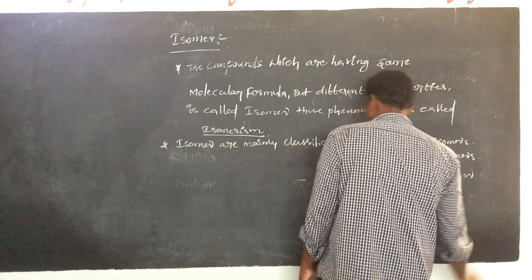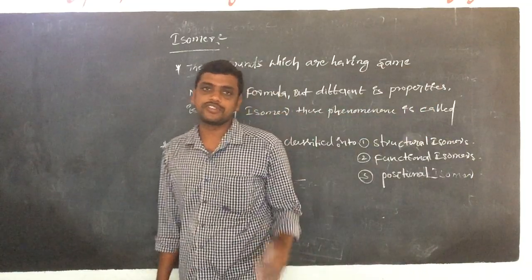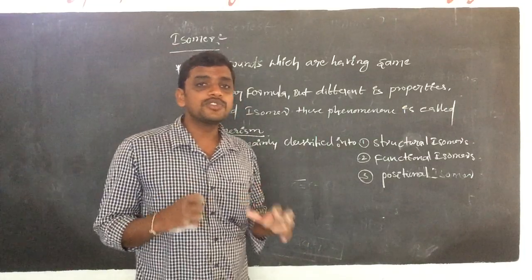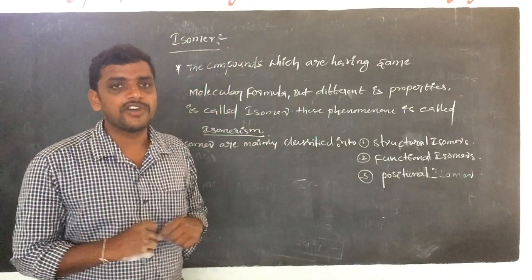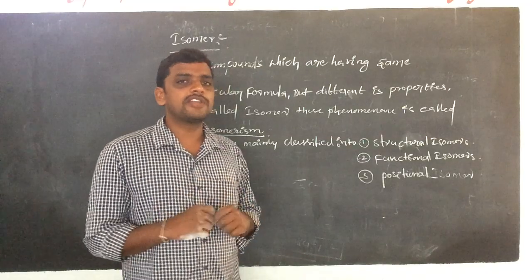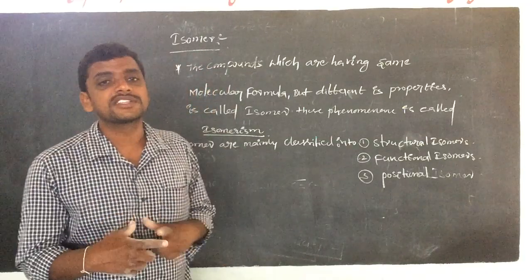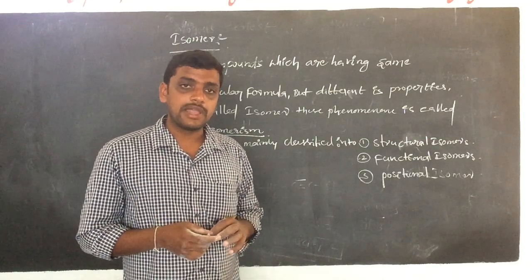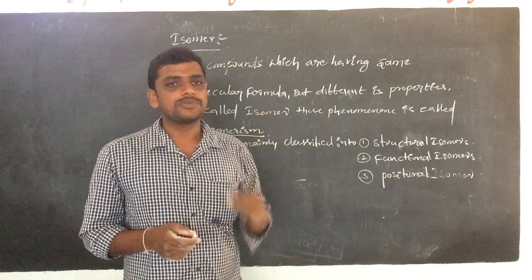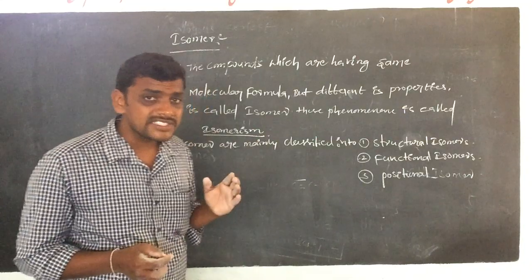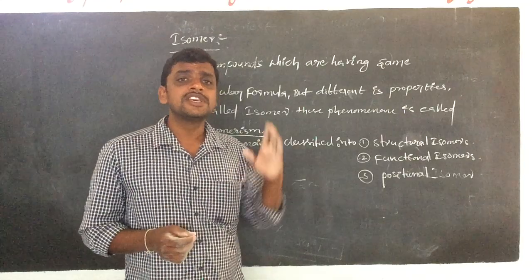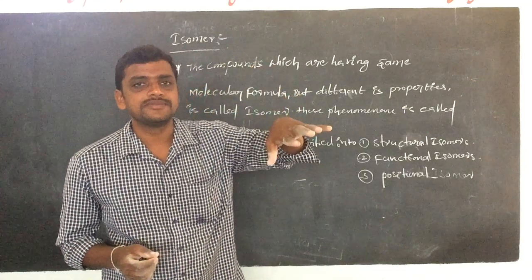First is structural isomers. What is a structural isomer? The compounds which have the same molecular formula but differ in structure are called structural isomers, and the phenomenon is called structural isomerism.